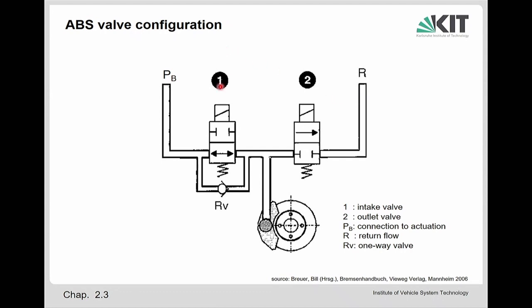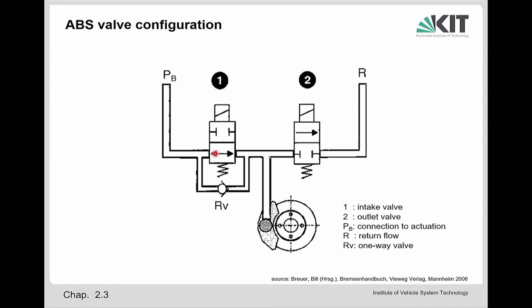So these are the two valves which can be controlled by the ABS system. And you see, this is a spring here. This spring makes sure that if there is no current applied to the valve, it is open. So also if the system is not correct, maybe there is a failure or an error, if no current is available for whatever reason, this will stay open, and this will always stay closed. So at the end of the day, the driver is able to brake by himself.